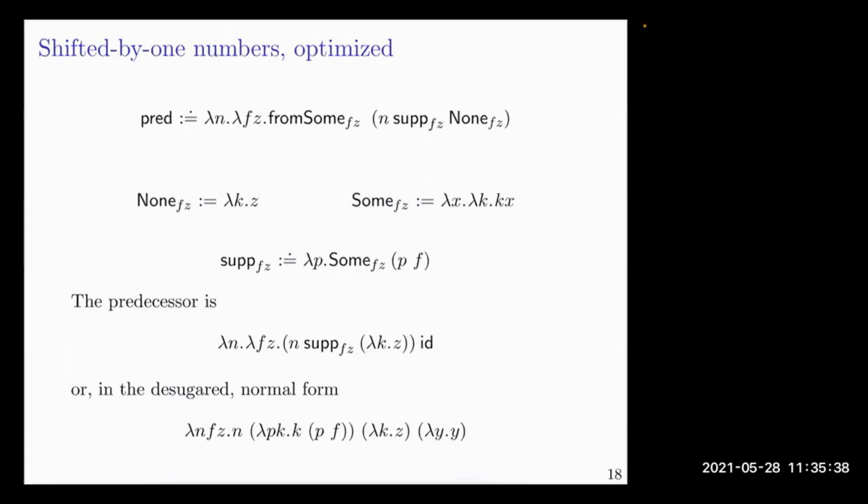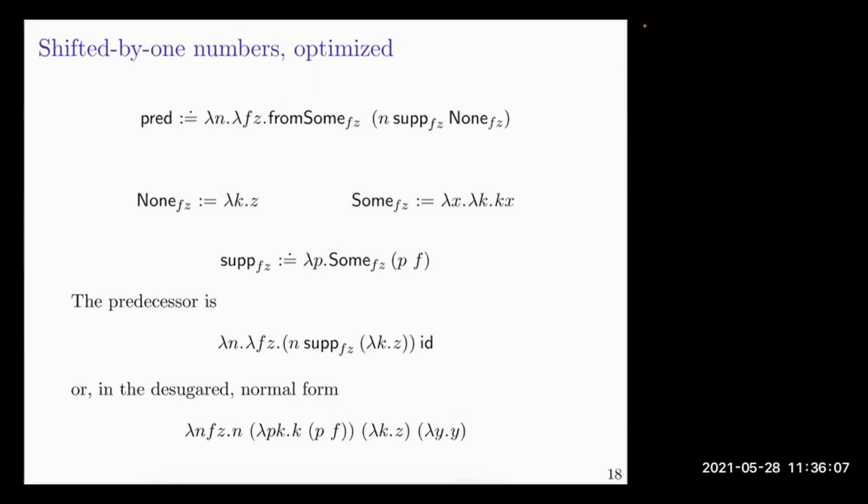Question: when you say fastest, is this a matter of complexity or what? Yes, I mean, no. I thought I would not have time for that. Hardly anybody cares about the speed of predecessor, but I timed it.